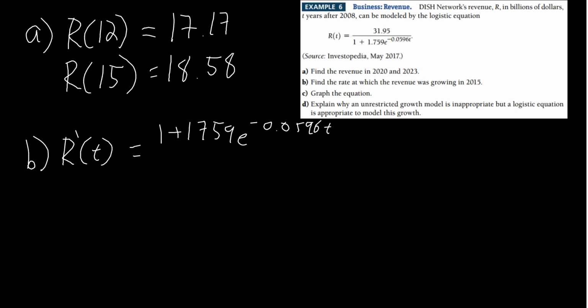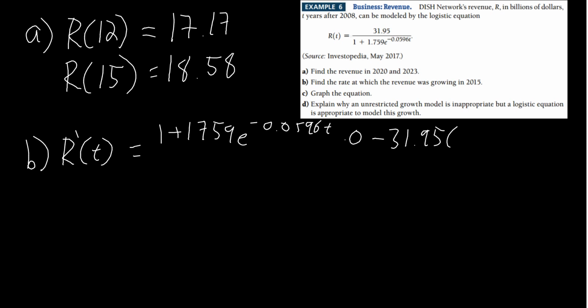Low times the derivative of the high, and I don't even need to write that. What's the derivative of the numerator? Well, it's 0, so times 0. Low d high minus high d low, which is going to be 31.95 times the derivative of the low.